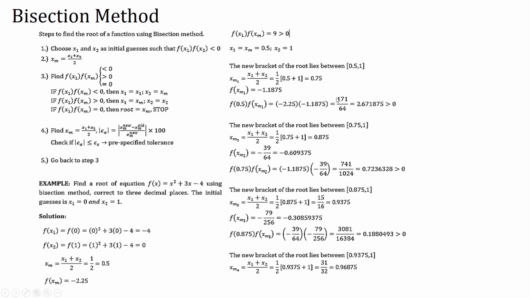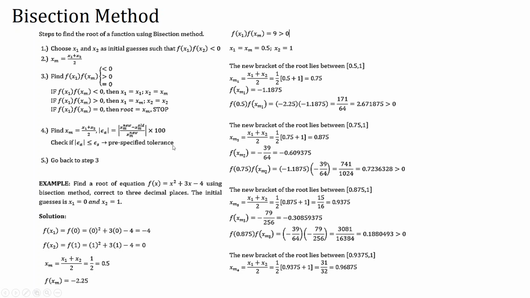So this is the result, 2.671875, which is greater than 0. So if greater than 0 again, the new bracket of the root lies between 0.75 and 1. As you can see, the numerical solution is converging to 1.